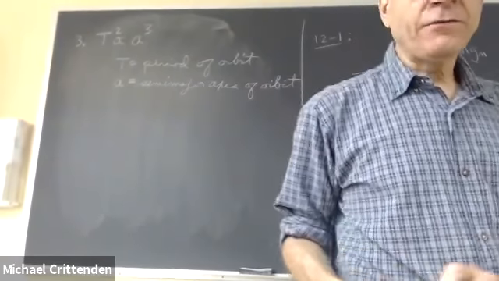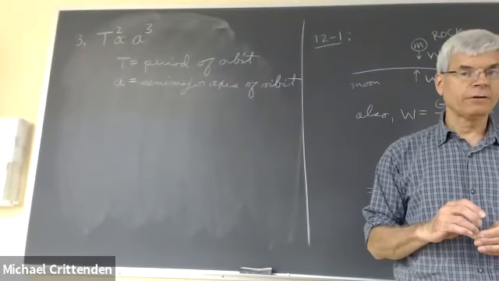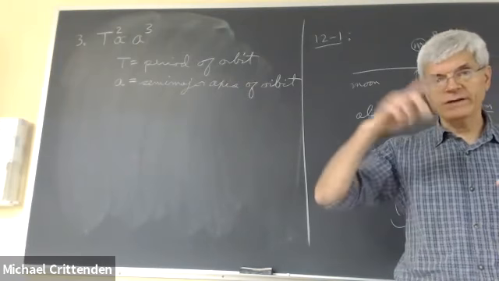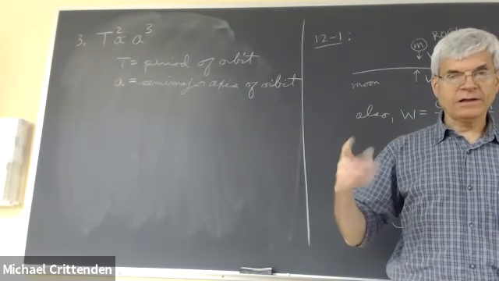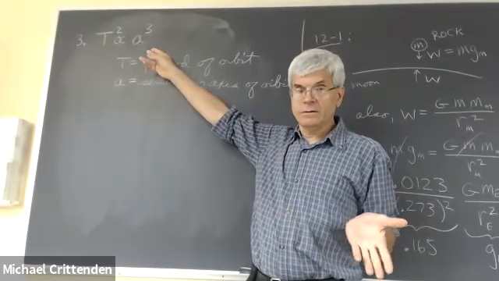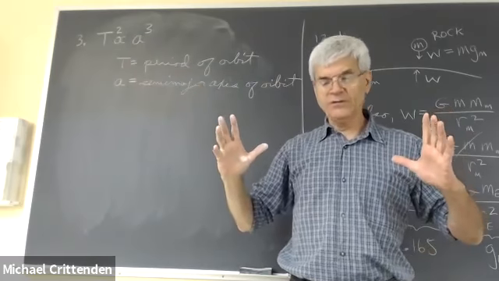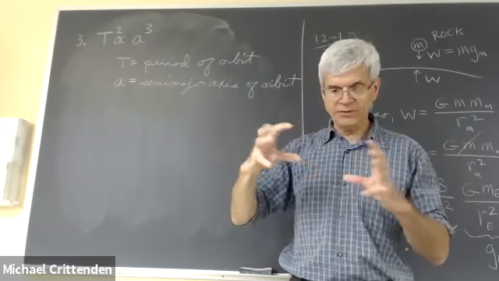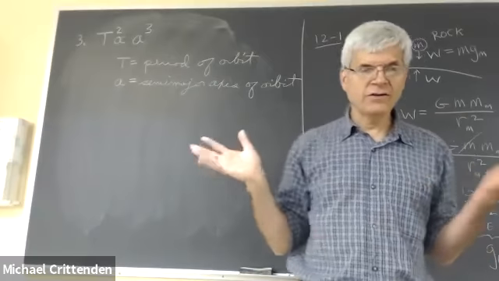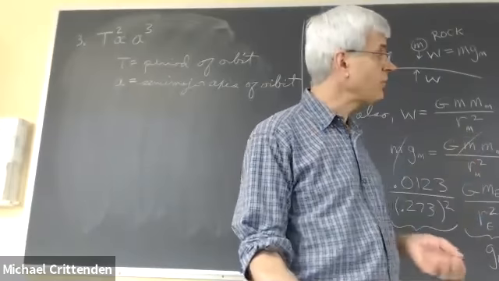In the special case of a perfectly circular orbit, you don't really get perfectly circular orbits in nature, but you could, for example, with an artificial satellite, launch it just right so that you had a perfectly circular orbit. In that case, A would just be the radius of the orbit. You can think of a circle as being sort of a degenerate ellipse, an ellipse whose eccentricity is 0, so that the major and minor axes both have the same length, and so both focal points are located at the center.